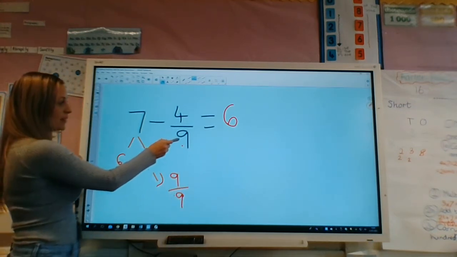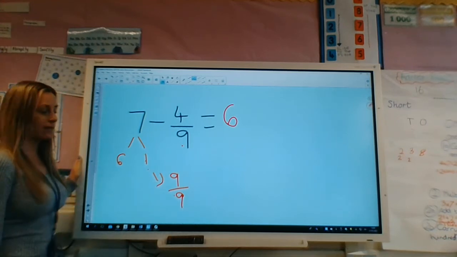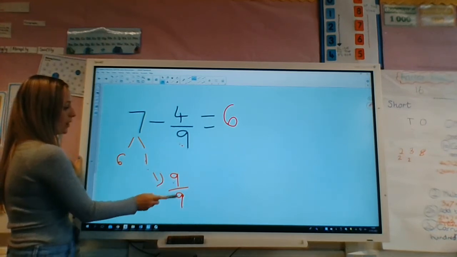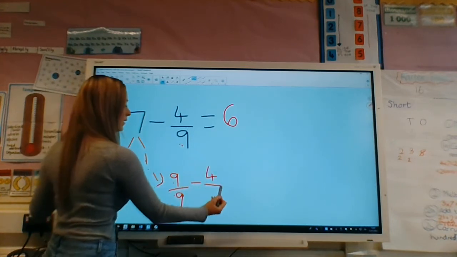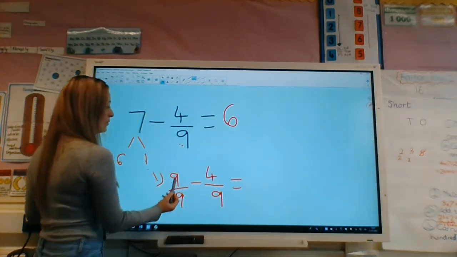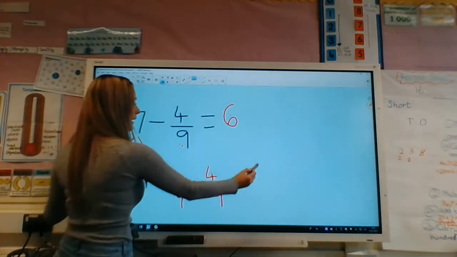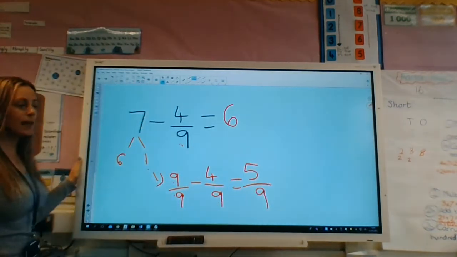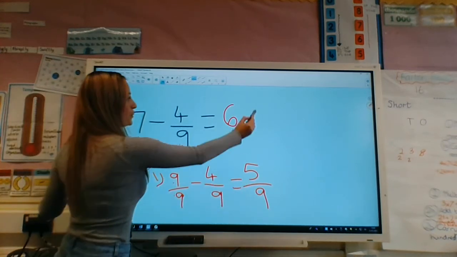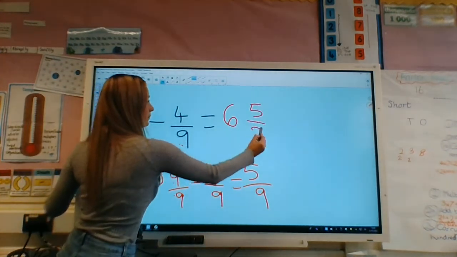If the denominator was 8, then 8 eighths would make the whole, but the denominator is 9, so it's 9 ninths. And then we subtract 4 ninths from it. So 9 take away 4 is 5, and the denominator stays as 9 because it stays the same. And then you just put the fraction up here.